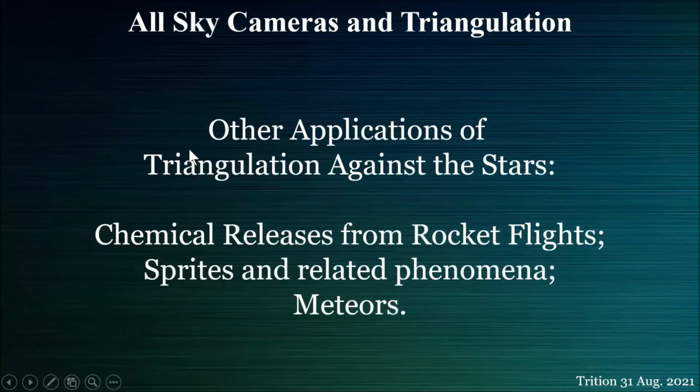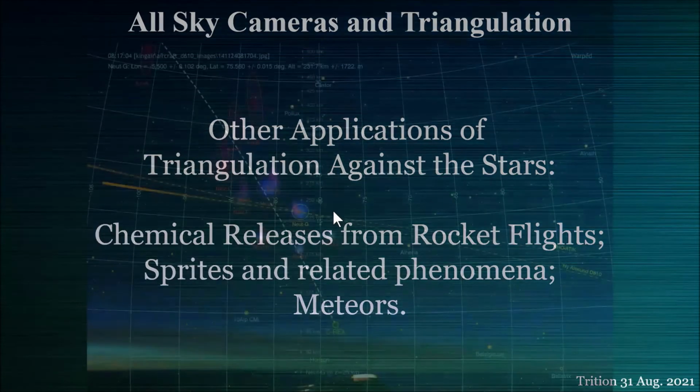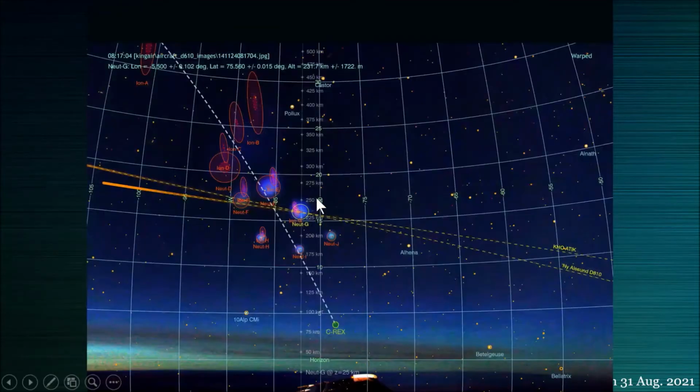So it's not only used for the business of the ATV, we use it for rocket experiments. So these, for example, are some illustrations of a system that's also used at the University of Alaska by some other colleagues of mine, Mark Conde, and this was looking at ion releases, rocket-borne ion releases from Andøya, northern Norway, 69 degrees north, and looking at the actual images, which are these blue clouds here, and then tracking these, and obviously going through the triangulation, nominal altitudes, so that we could actually work out where we were.